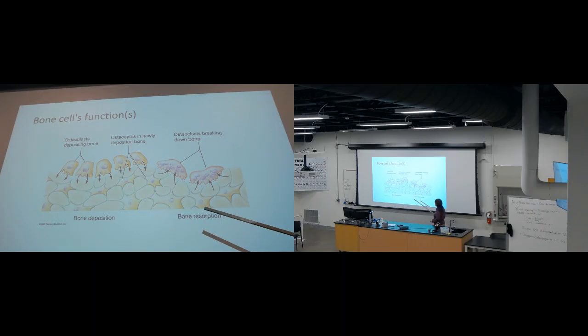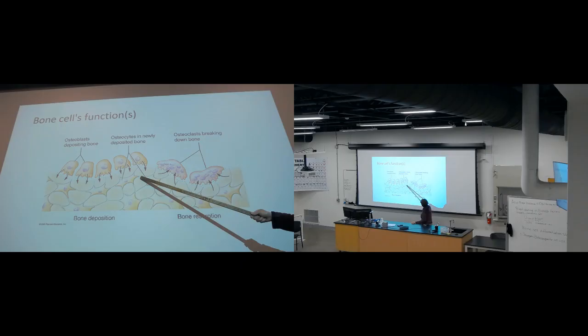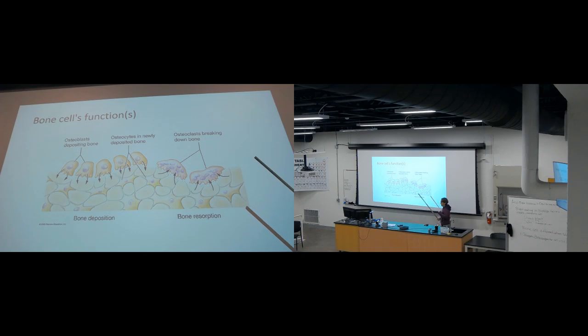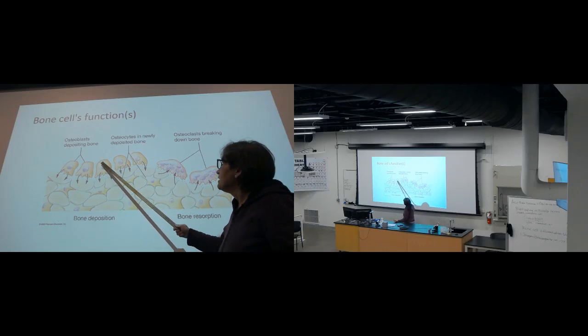So then we have here what happens with the formation of bone. Sometimes you deposit bone tissue, sometimes you need to reabsorb. Our bones are subject to different forces, and based on that, it determines where you absorb bone and where you deposit bone. And this is seen this way.